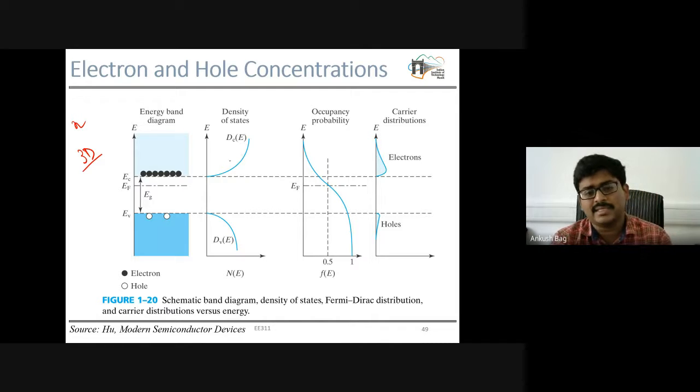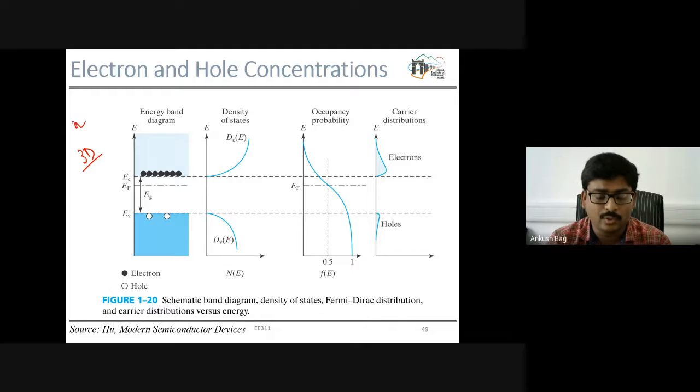We have already seen this kind of parabolic variation of density of states with the energy E in the conduction band, and this is the density of state variation with energy E in the valence band.